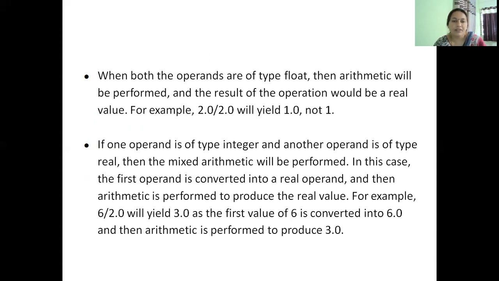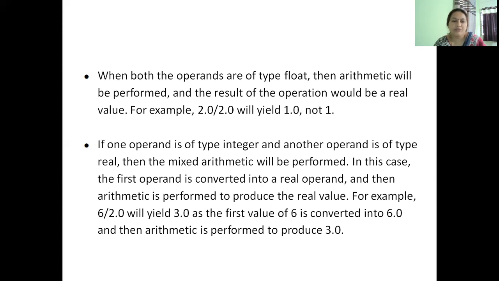Whereas if one operand is of type integer and another operand is of type real, then mixed arithmetic will be performed. The integer operand will be converted or upgraded by implicit type conversion into a floating point or real value. And then the arithmetic will be performed and the result produced is a real value.